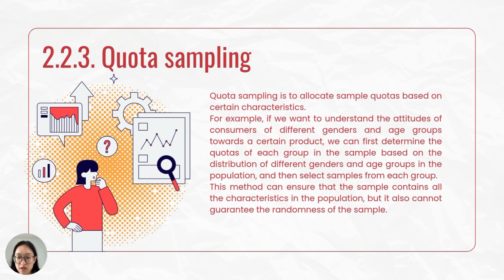This method can ensure that the sample covers various characteristics in the population, but it also cannot guarantee the randomness of the sample.